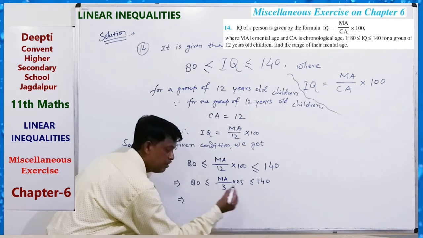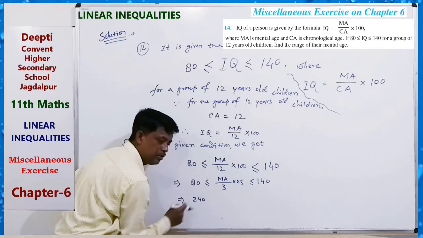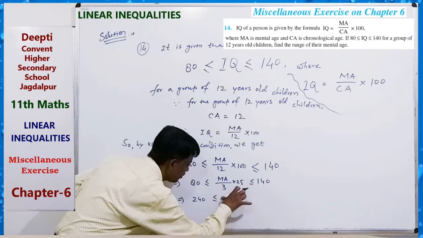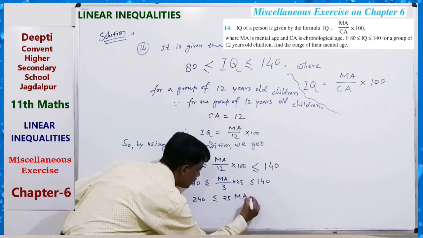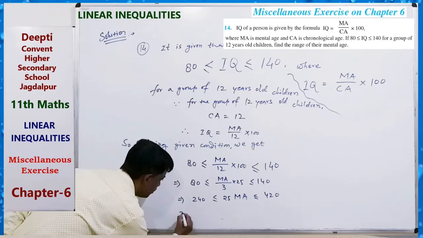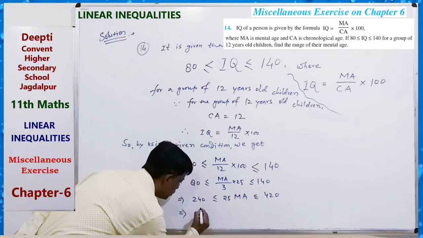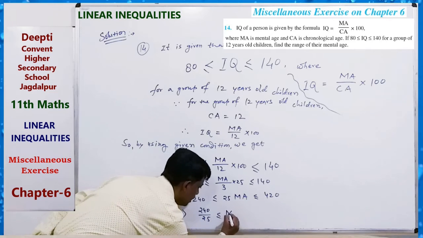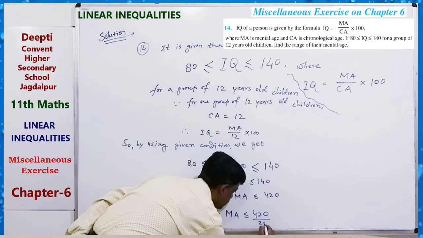Now just multiply by 3 on both sides. 3 into 80 less than or equal to 25 MA is less than or equal to 3 into 140. Now divide by 25. So 240 upon 25 is less than or equal to MA is less than or equal to 420 by 25.